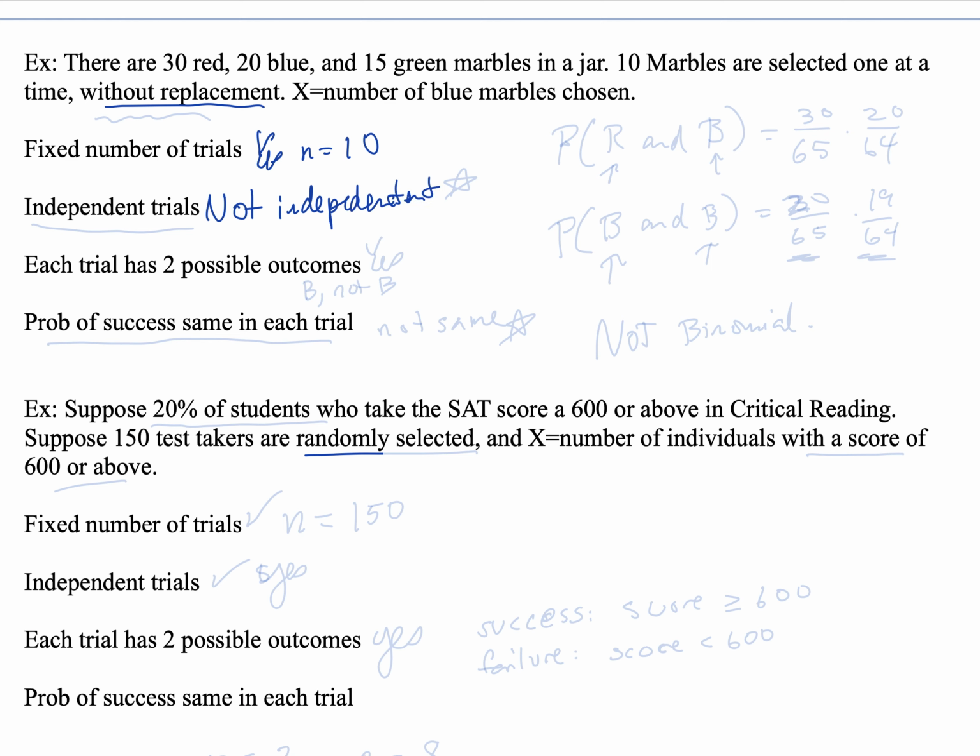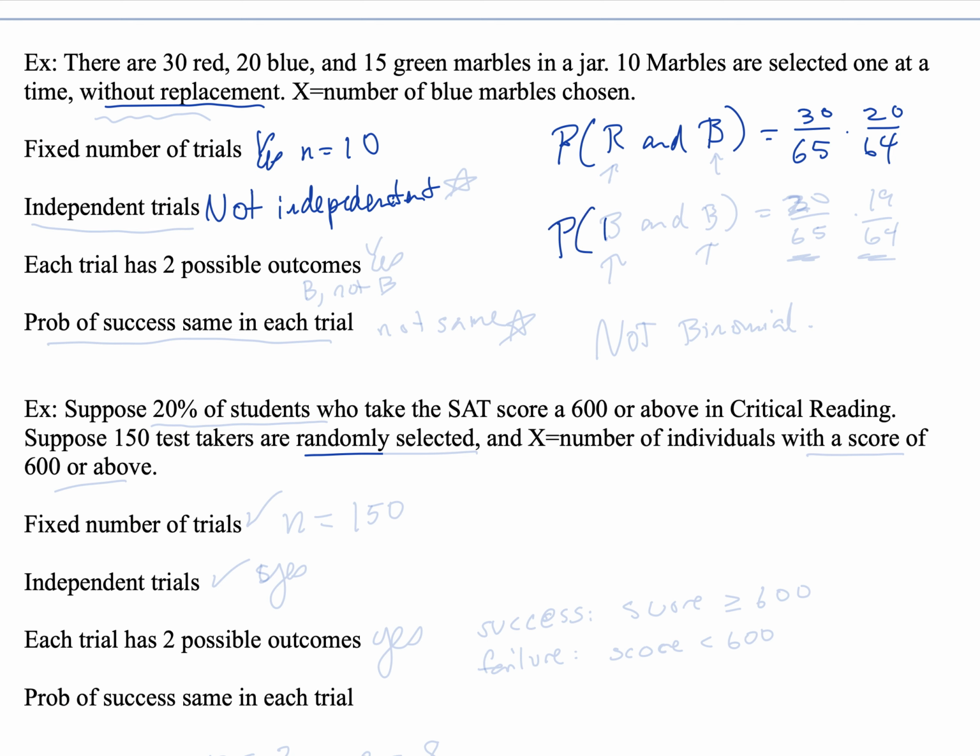So for example, if we ask what's the probability that the first marble is red and the second marble is blue, then it's 30 out of, how many marbles are there altogether? 65 for the first marble being red, and then 20 out of 64 for the second marble being blue.